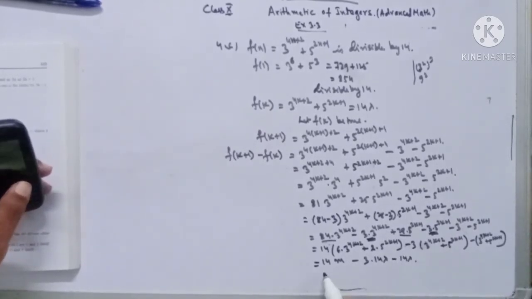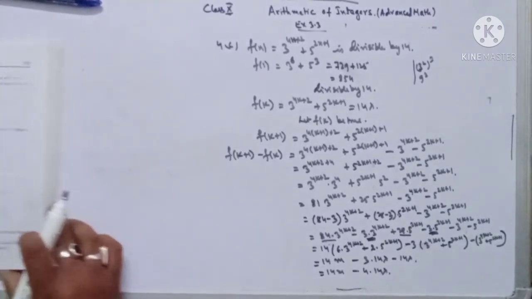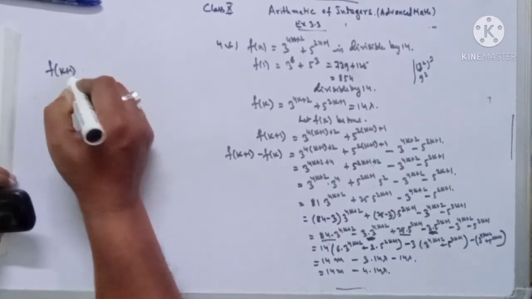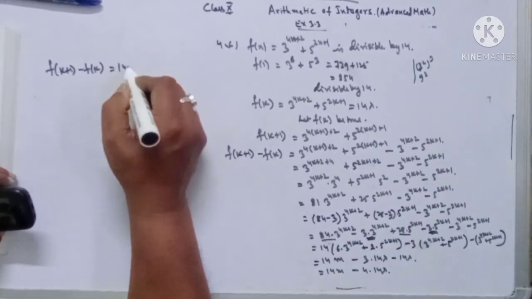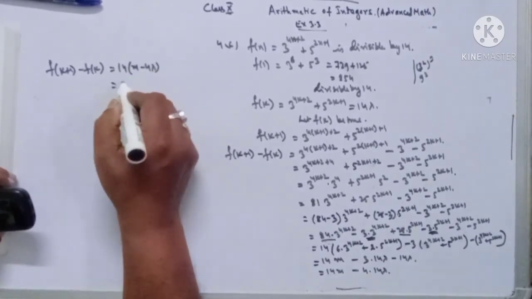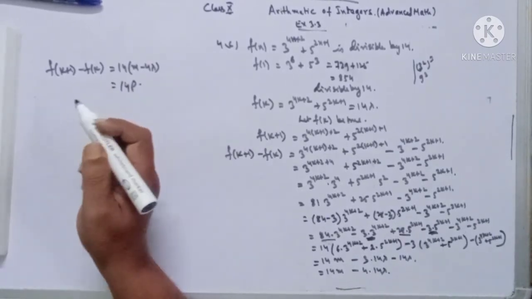So this will be 14m minus 4 into 14 lambda. So here my problem is solved. f(k plus 1) minus f(k), here 14 is common, so this will be m minus 4 lambda, and this will be 14p. I can take 14p, so this is divisible by 14.